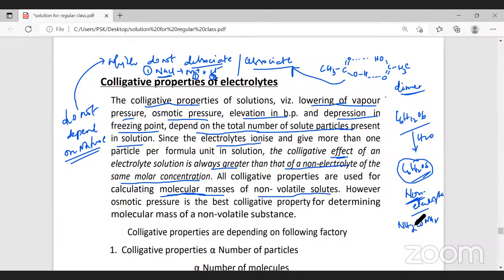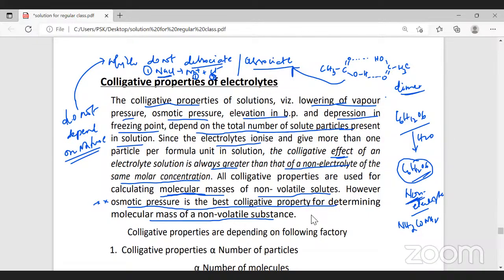Urea is a non-volatile solute. However, osmotic pressure is the best colligative property for determining molecular mass. So amongst the four colligative properties, osmotic pressure is the best to determine the molecular mass. Remember, this is important. They may ask you which is the best colligative property.